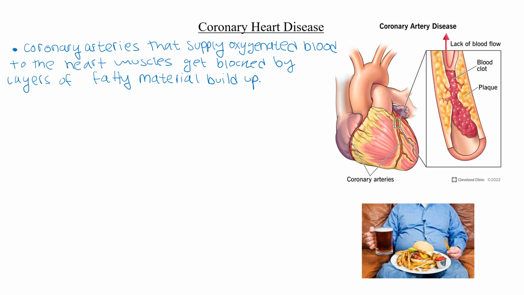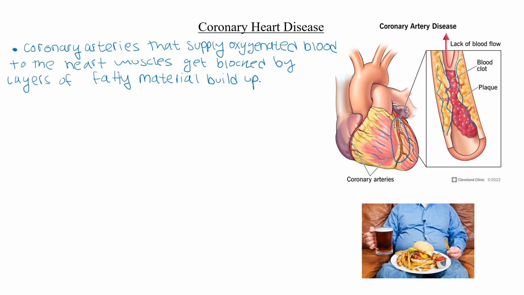And over here on this diagram, we can see that the coronary arteries are on the outside of the heart, and over here you can see these are the muscles. The heart is basically one big muscle. The coronary arteries are on the outside of the heart. Very important that you know that. The fat is just going to make layers over here, layers and layers and layers.